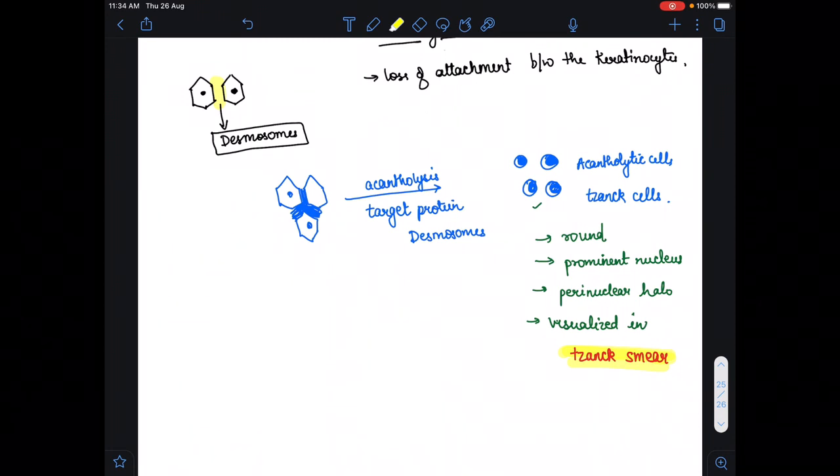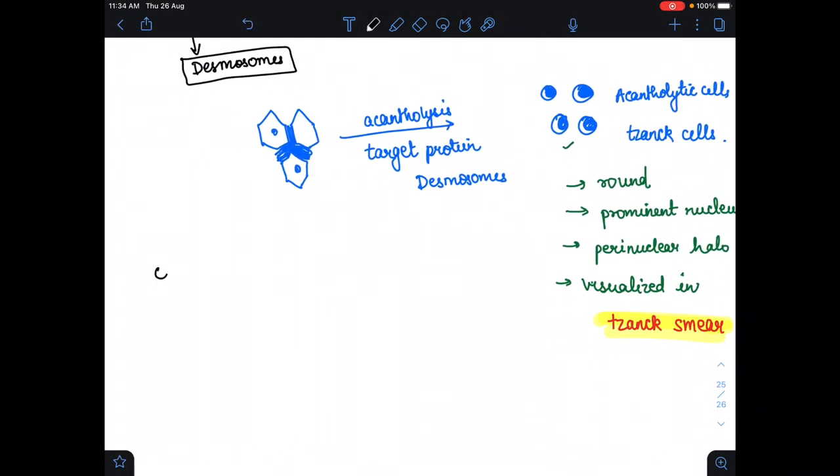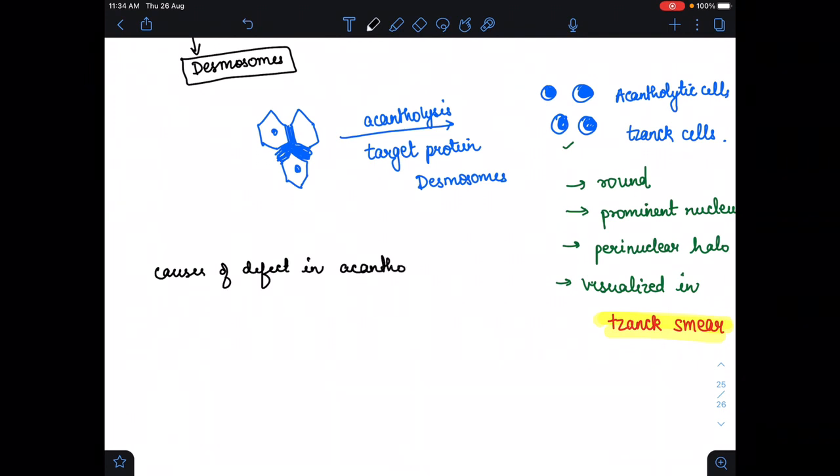So this is actually what we mean by acantholysis. Now we have to learn the causes of defect in acantholysis. What were the causes? The first cause is if antibodies were developed against these desmosomes.